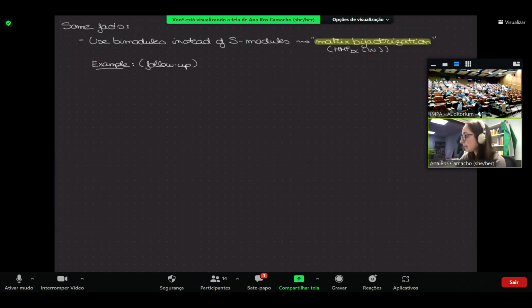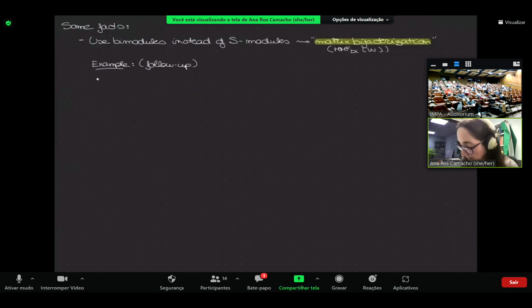In full generality, you can use two different potentials, but I'm just going to constrain myself to the case where I'm using the same potential both on the left and on the right, which is this category here. Let me explain a little bit with an example.